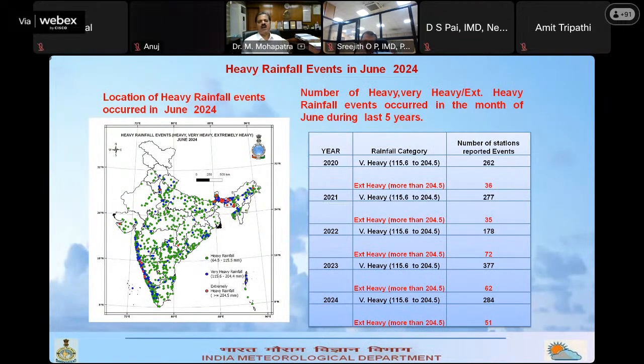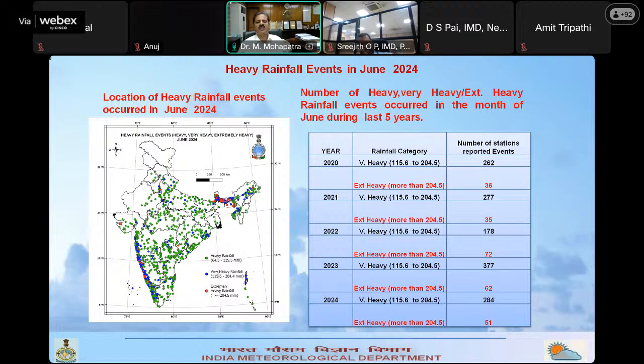Now let us look at what happened to the heavy rainfall activity. You will find that there have been 3 regions of extremely heavy rainfall activity in the month of June. One is the eastern and northeastern states, especially Sub-Himalayan West Bengal, Sikkim, and Assam.